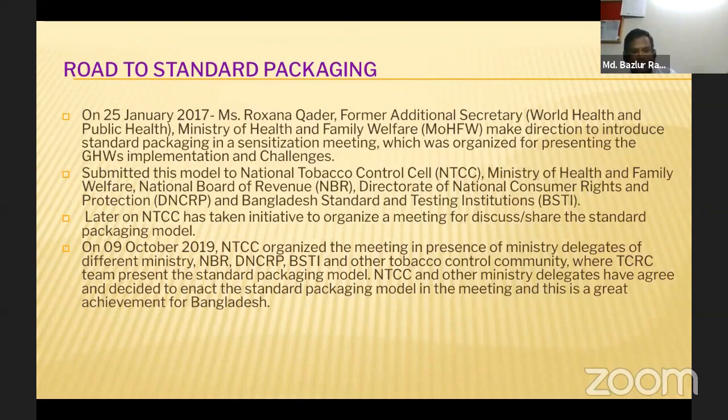We developed a physical model and presented it in favor of standard packaging. Then the NTCC and other ministry delegates, including all the tobacco control community, agreed and decided to enact the standard packaging model in the meeting. And this is a great achievement for Bangladesh, we think.